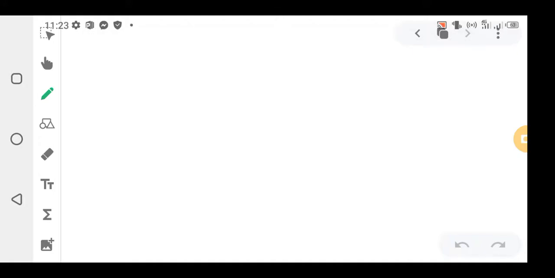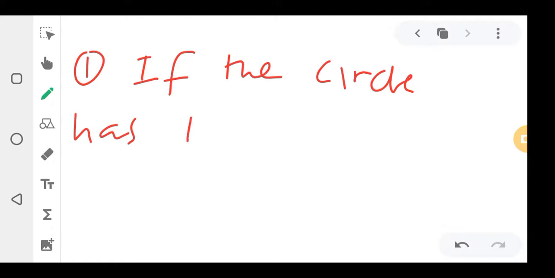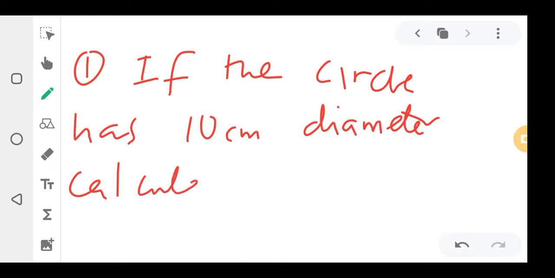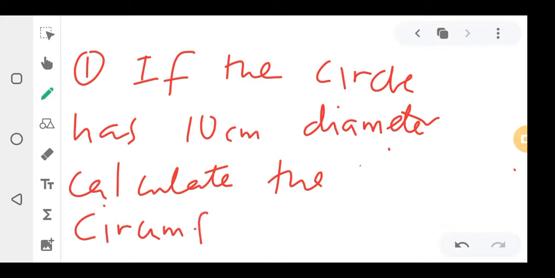Question 1, if the circle has 10 centimeter diameter, calculate the circumference. Take pi to be equal to 22 over 7.